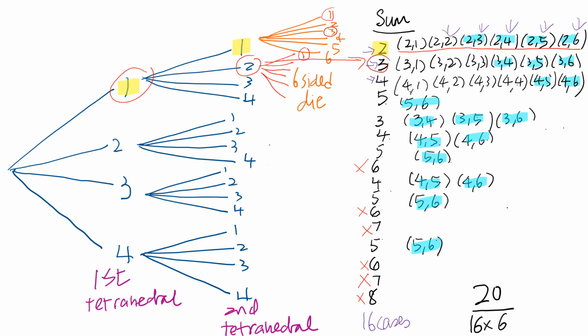Therefore, the probability of getting the number on the 6-sided die to be more than the sum of the first 2 tetrahedral dice will be 5 out of 24. This is how you do these very complicated and rather challenging questions.